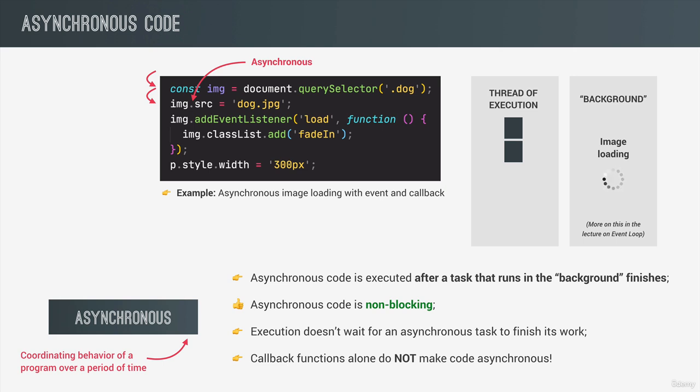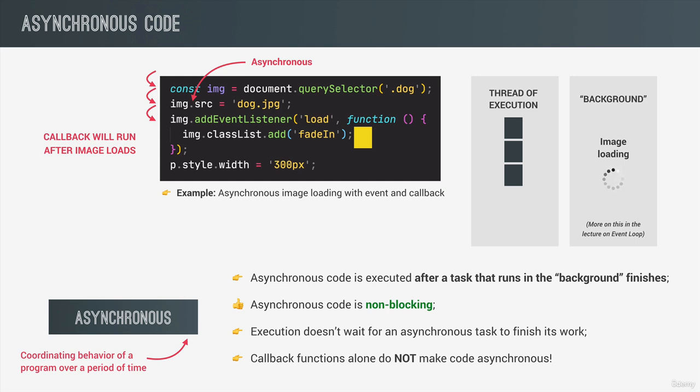Listening for the load event is exactly what we do here in the next line as well. So here we use addEventListener and register a callback function for the load event. So just like in the previous example, we provide a callback function that will be executed once the image has been loaded and not right away. Because again, all this code is non-blocking.